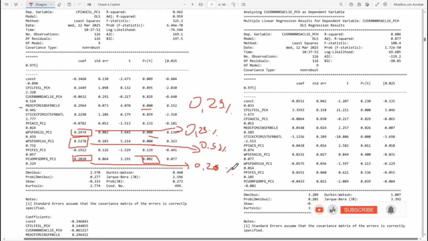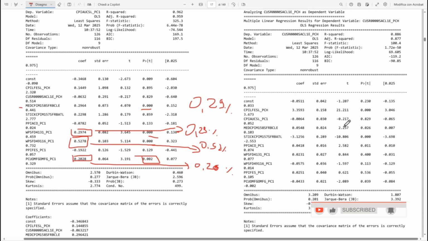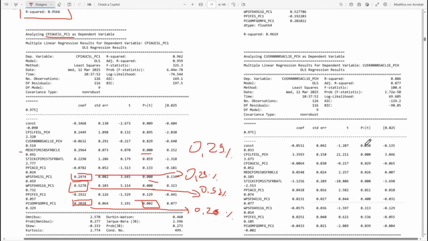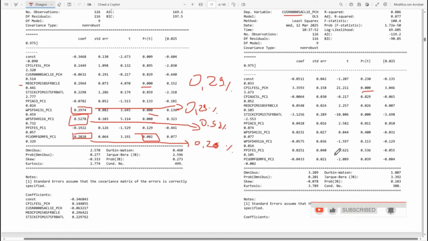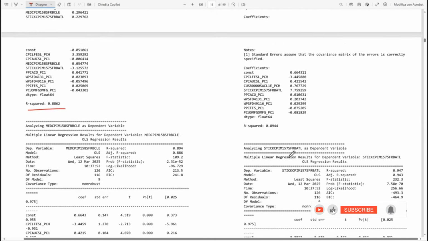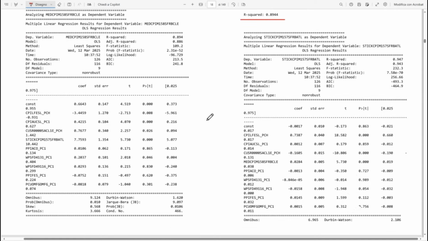Okay, so I find this stuff very useful, and the OLS regression can give you an idea of how this stuff moves together. I can go and check all the parameters and see the R-squared, what is the coefficient of correlation between these parameters.